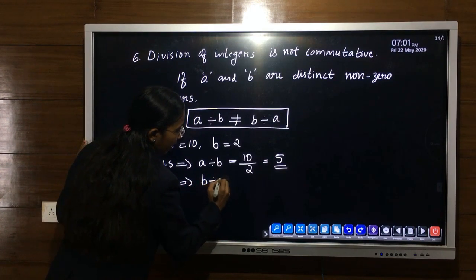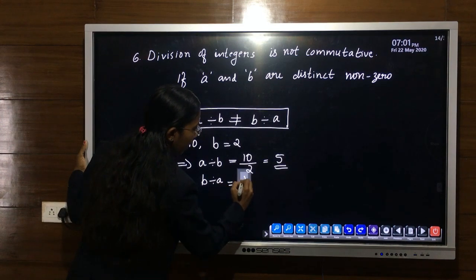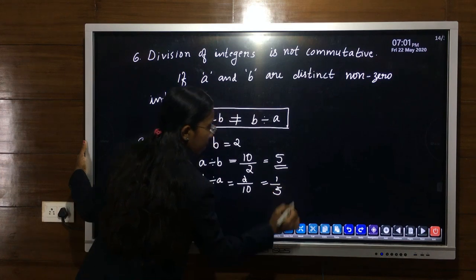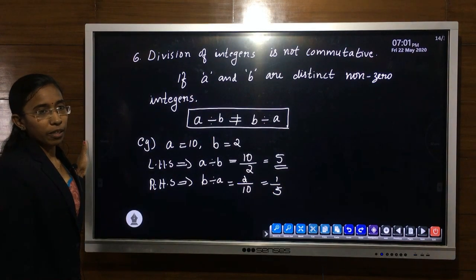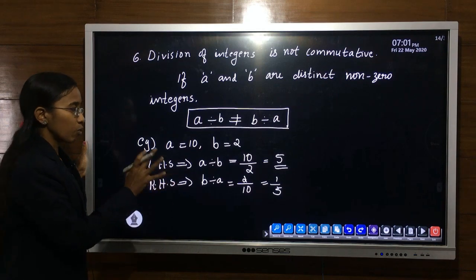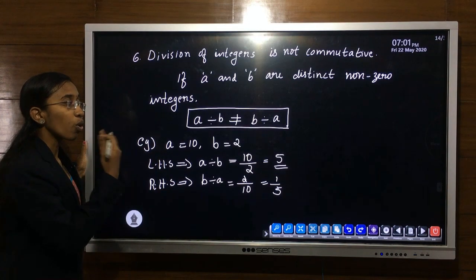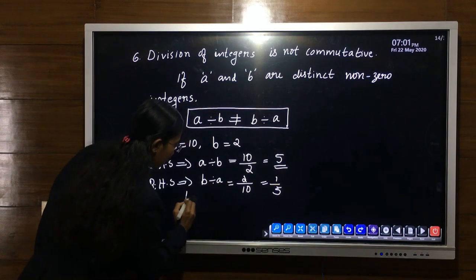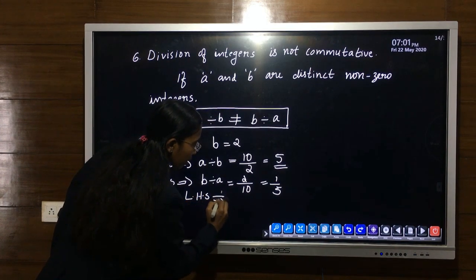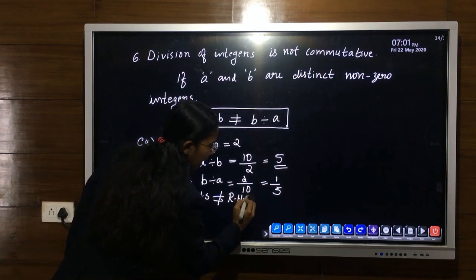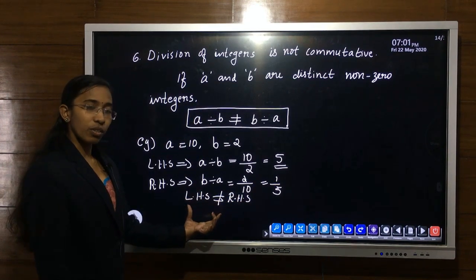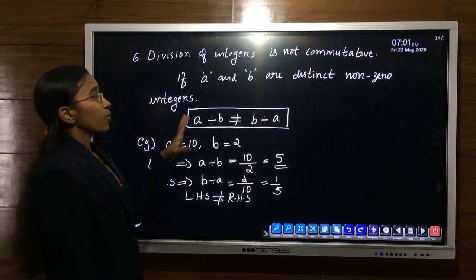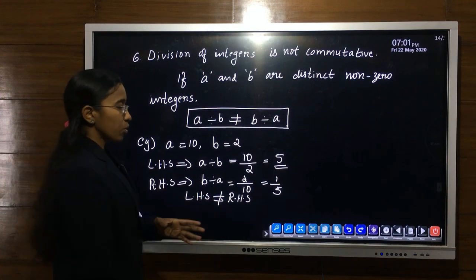RHS is b divided by a, that is 2 divided by 10, that is 1 by 5. Our answer is not the same, which means a divided by b is not equal to b divided by a. From this we can write LHS is not equal to RHS. Both values are different. So we can write division of integers is not commutative.